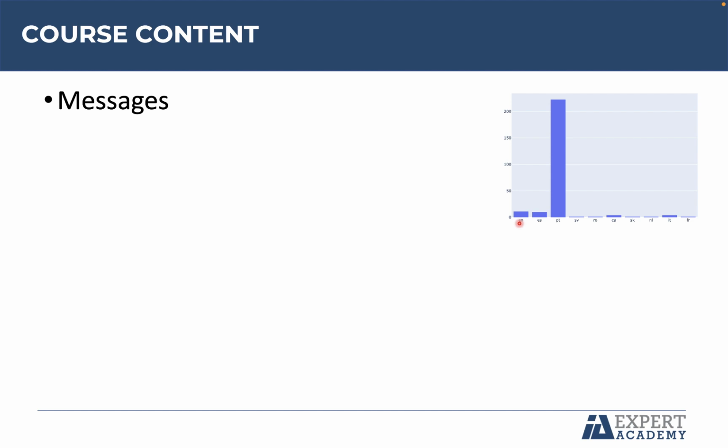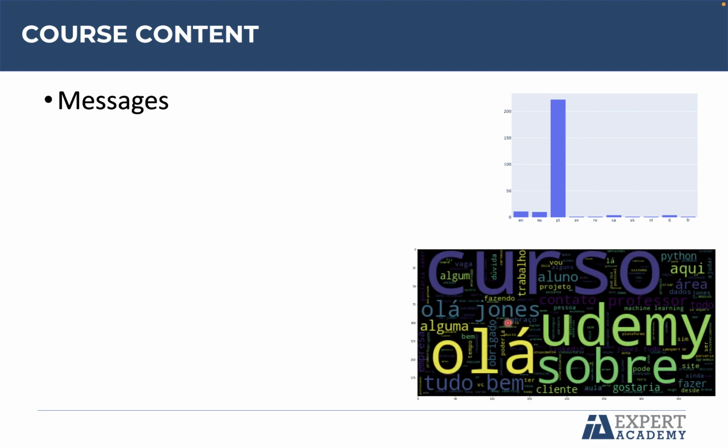We can also see English messages, Spanish, and Italian messages. This other image shows the word cloud with the most frequent words. The larger the font size, the more frequent the term is. On the other hand, the smaller the font size, the less frequent the term is.